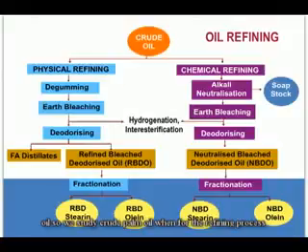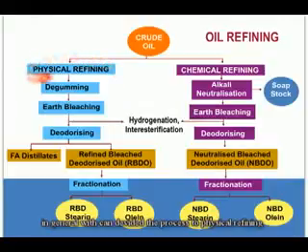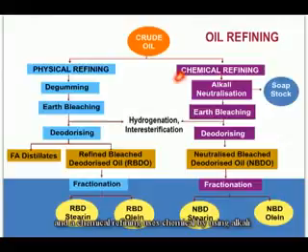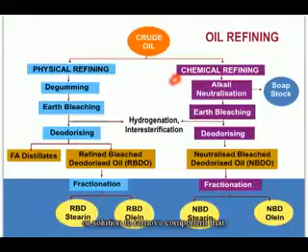Then for the refining process, in general, we can divide the process into physical refining, basically by using high temperature steam distillation, and chemical refining, which uses chemicals, using alkali or the caustic solution, to remove the components that need to be removed during the refining process.